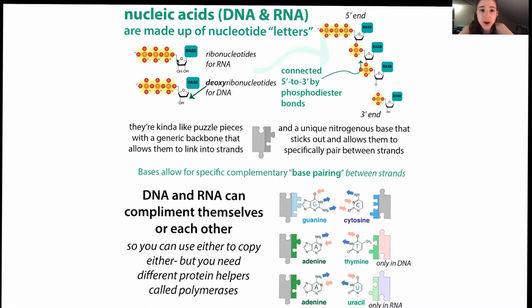With ribonucleotides, which is what RNA is made out of, you have this extra OH group in the sugar. With DNA, you don't have that. And so this has some consequences, like it helps make RNA less stable and that sort of thing. With DNA, you don't have that OH. The other difference is that DNA has the base T instead, and RNA has the base U, but they both pair with A.